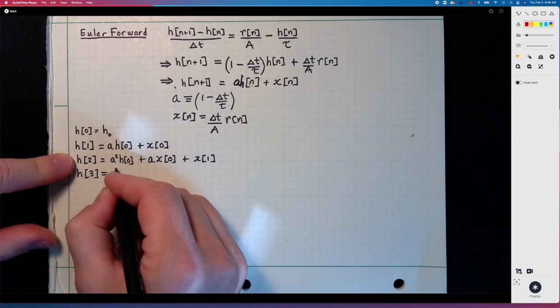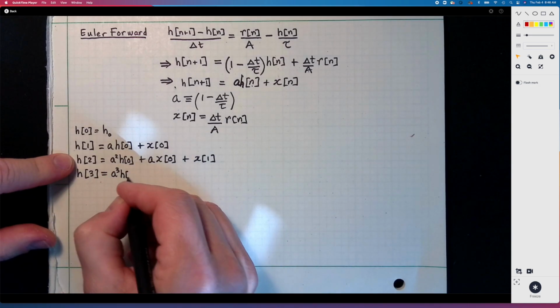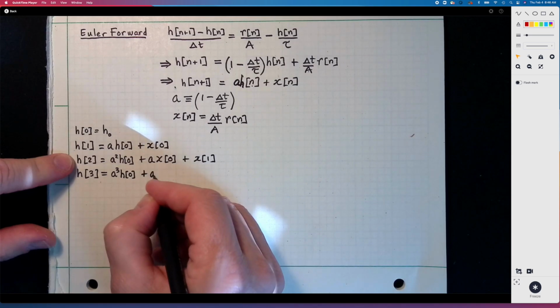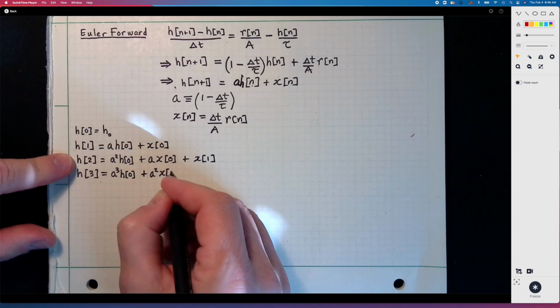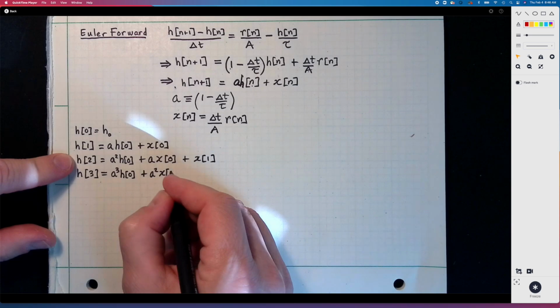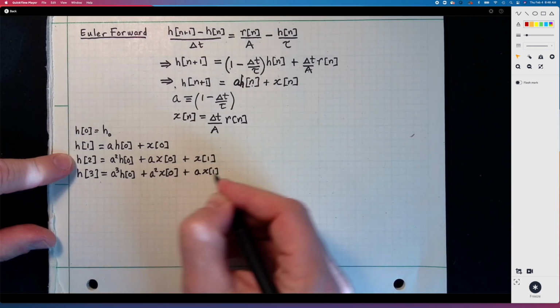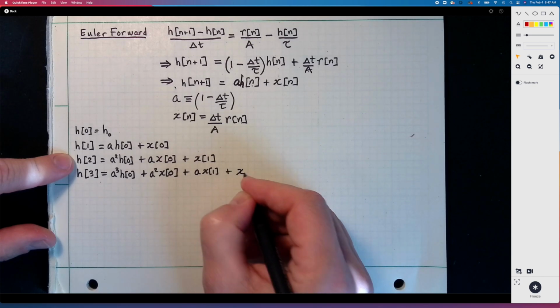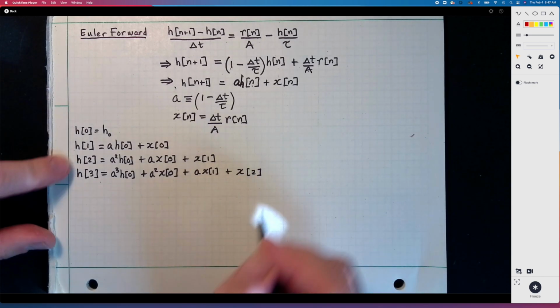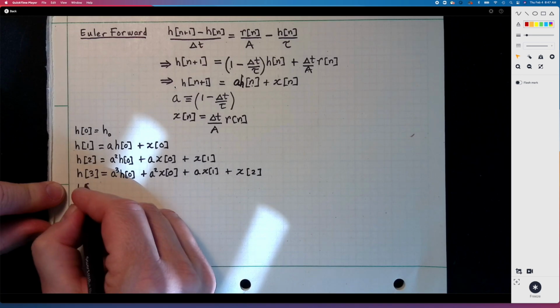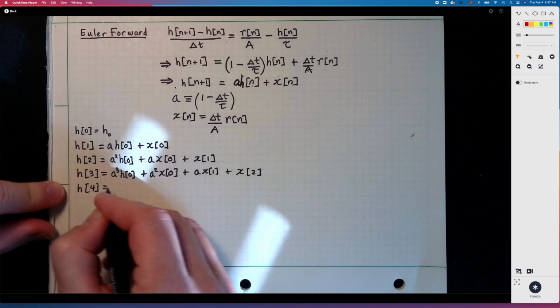So we'll get a cubed h of 0 plus a squared x of 0, plus a x of 1 plus x of 2. Then h4, and hopefully you're starting to see the pattern.